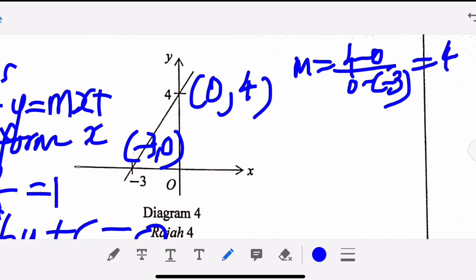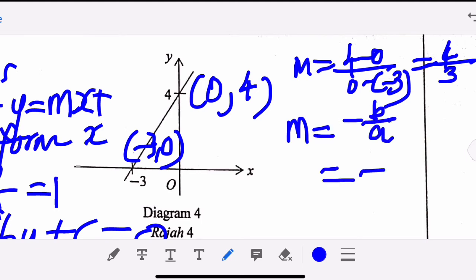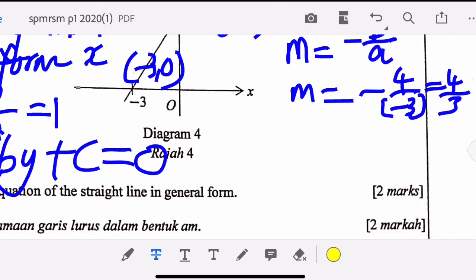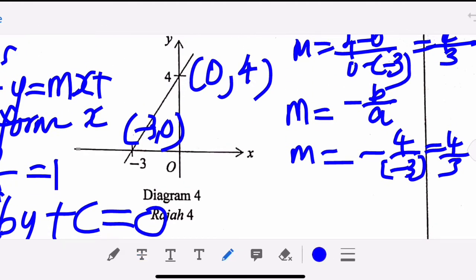So you get 4 over 3. It looks okay because the line is heading up. If you are good, you can use negative b over a. It's a negative. Y-intercept is 4 and a is an x-intercept. And you can get the gradient too. It's the same.